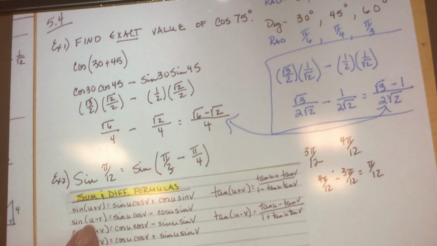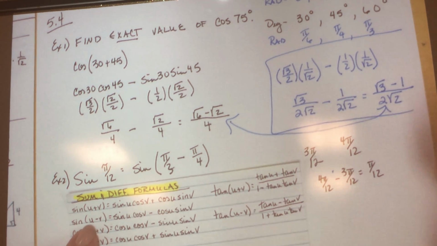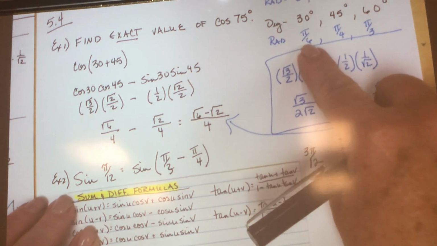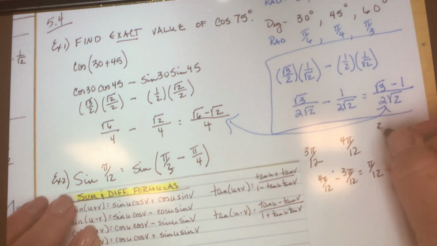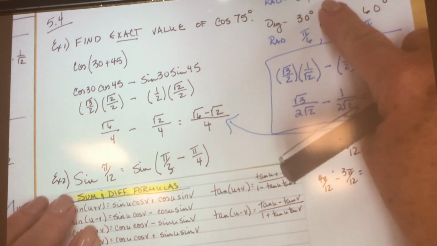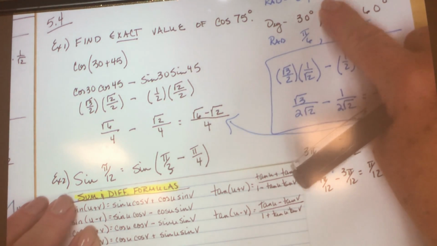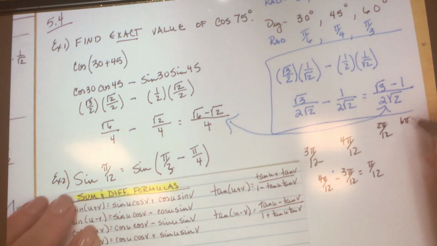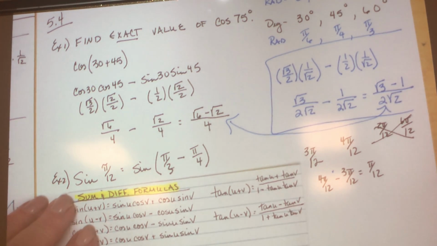You want to try a 6 and a 2? Okay, watch. That would be 2 pi over 12 and this would be 6 pi over 12. Do those subtract to be a 1? No. They add to be 8. But that doesn't help me.